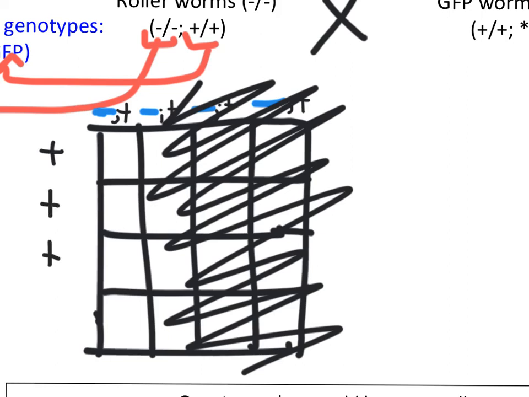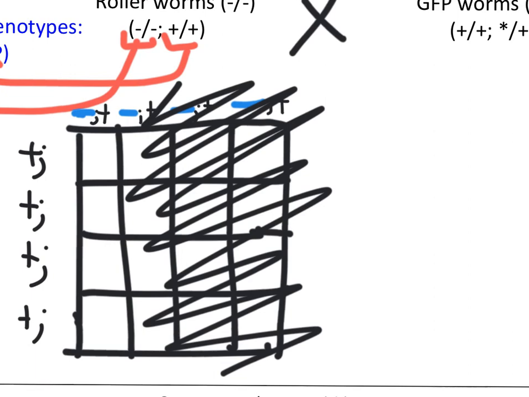Okay. And some semicolons to say we're now going to worry about the GFP gene. So how are we going to divide up the genotype of that individual there in the very upper right? It's star over plus. So what am I going to put in this top cell on the left? What do you want me to put? Star or plus? I'll do star.